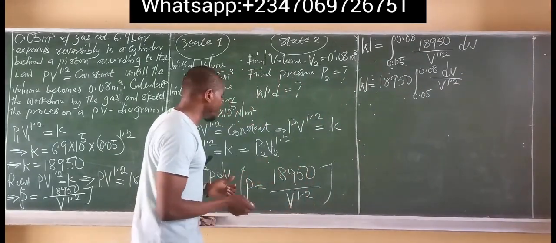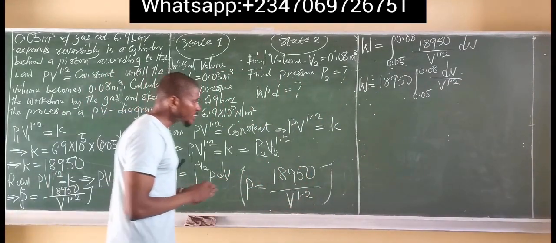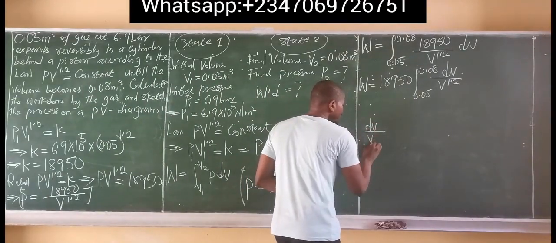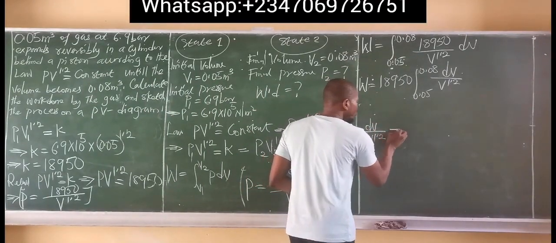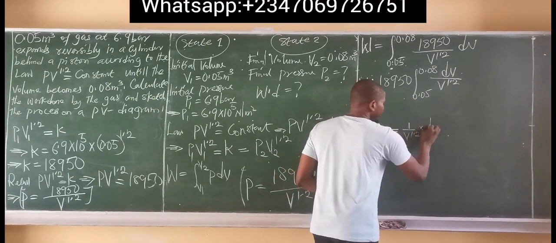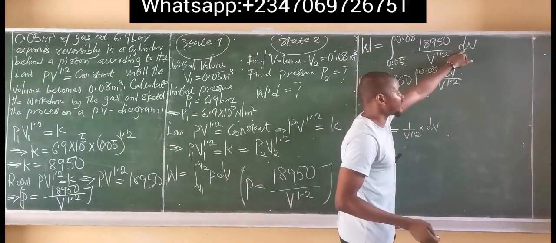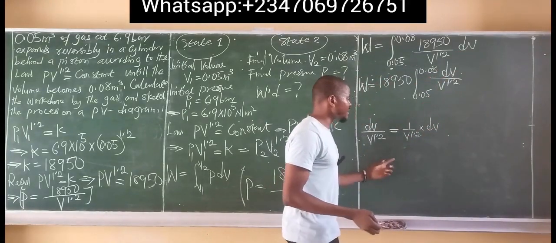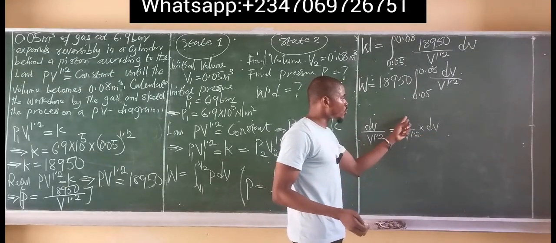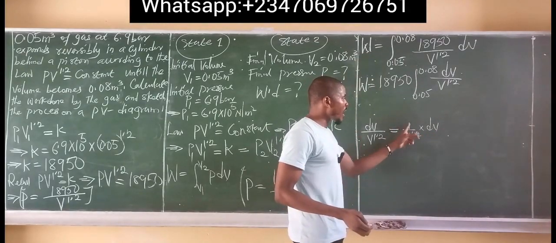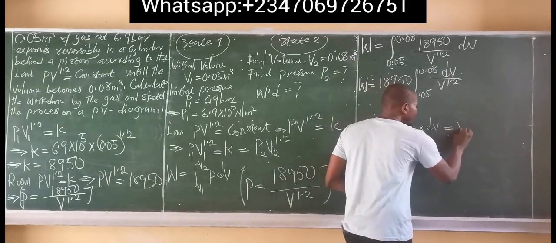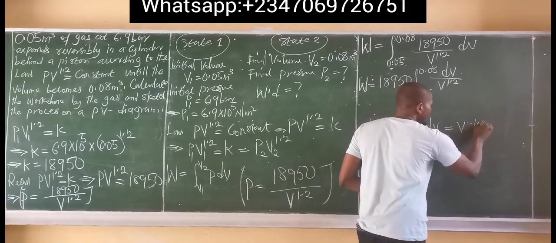Now, recall from indices that dV all over V to the power of 1.2 can also be written as 1 all over V to the power of 1.2 times dV. From indices, 1 all over V to the power of 1.2 can be written as V to the power of minus 1.2.